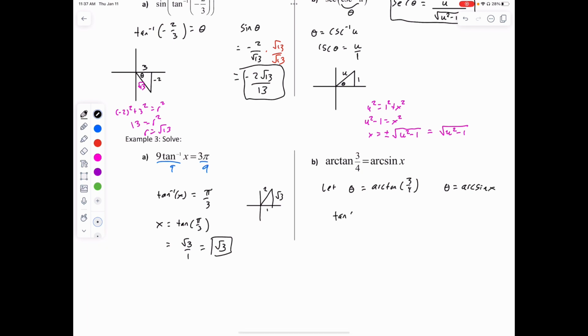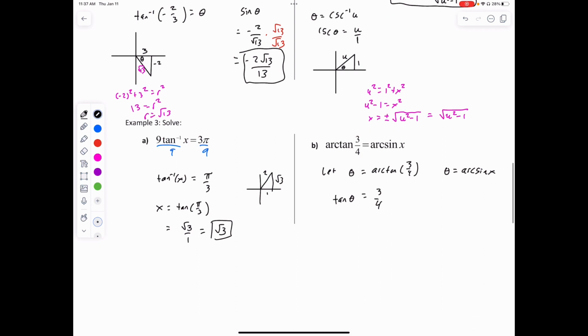Well, this means the tangent of theta should be 3/4. If the tangent of theta is 3/4, we're trying to figure out what the sine of theta is going to be. That will give us the x value that we want. Well, let's sketch a quick picture. The arctangent of 3/4 is going to live here.